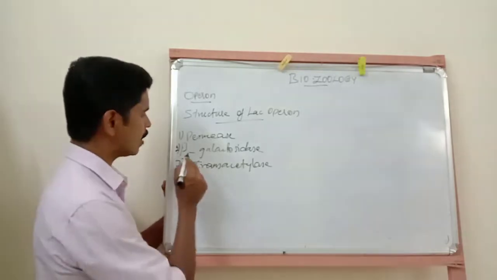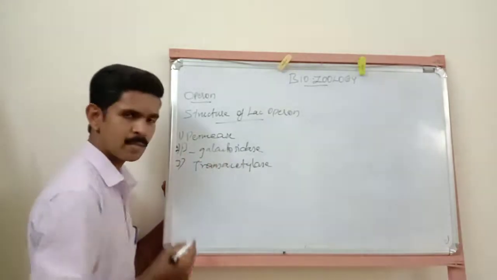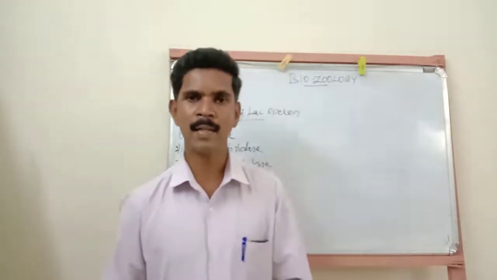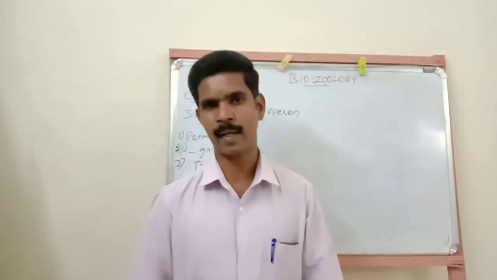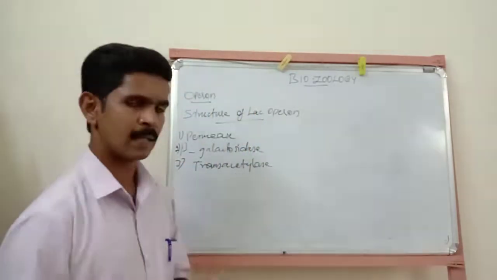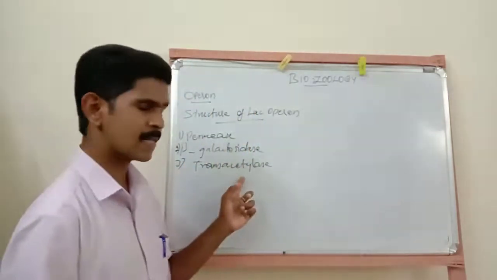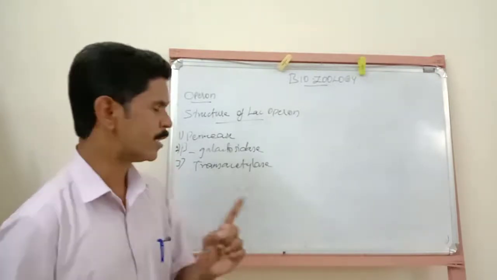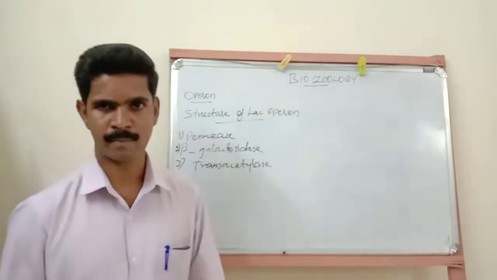Then the third enzyme is called transacetylase. This transacetylase enzyme converts the acetyl-CoA into beta galactosidase.